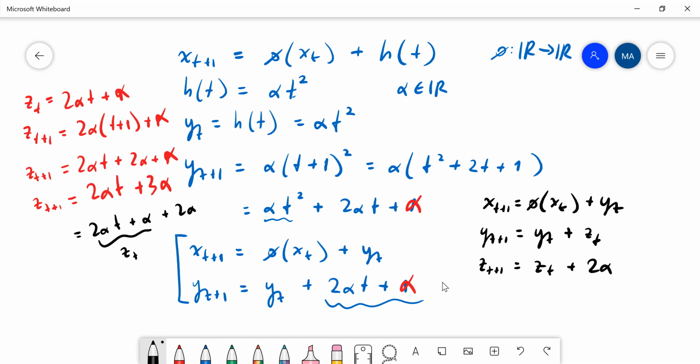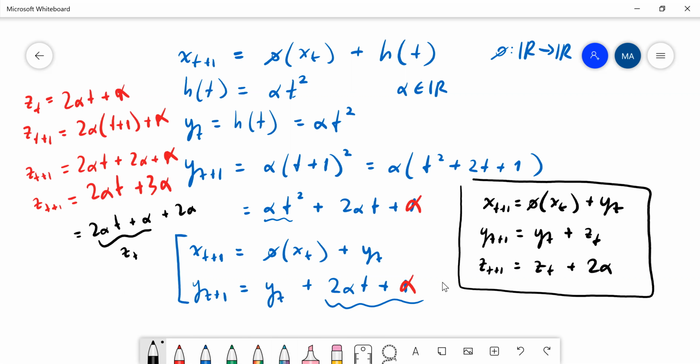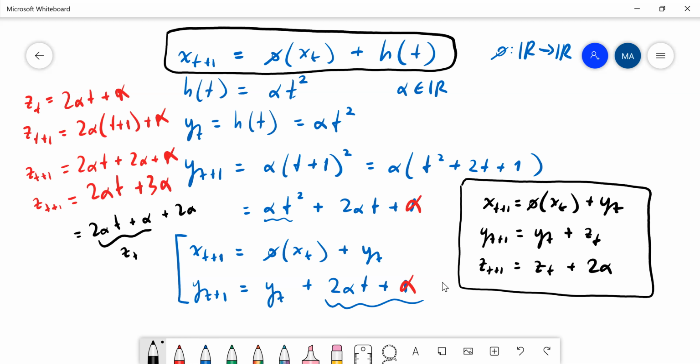Okay, now your system, as you see, is autonomous, right? So initially you had only one equation. Okay, so this was one equation because we defined it from R to R, right? This was just x, but it was a non-autonomous system, and it was a square term, this h function.